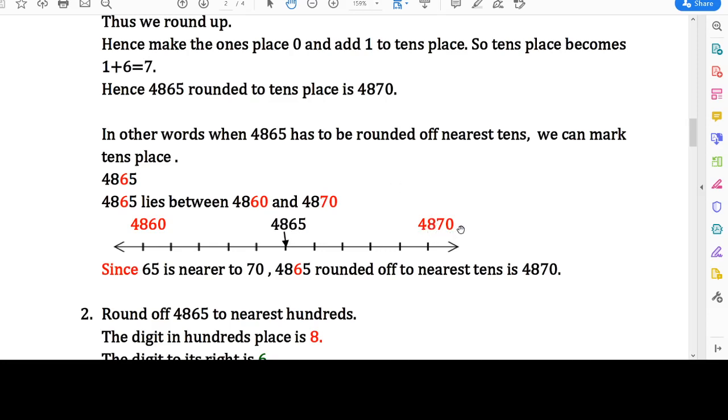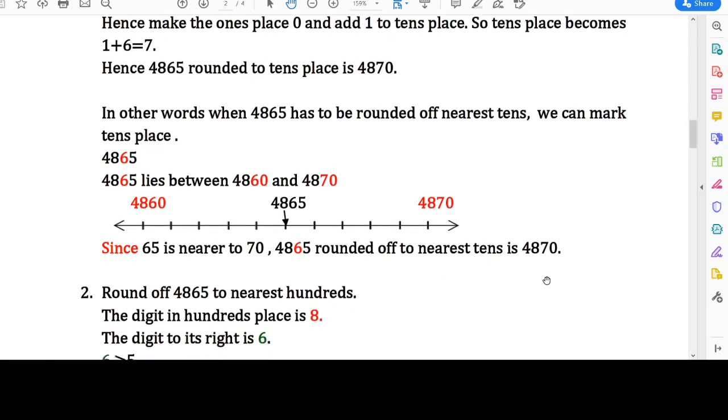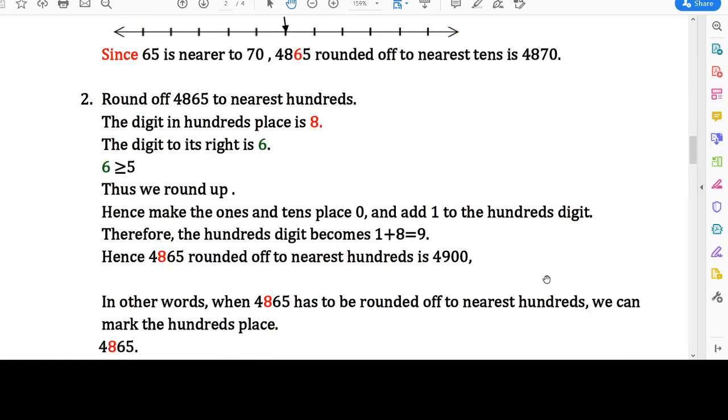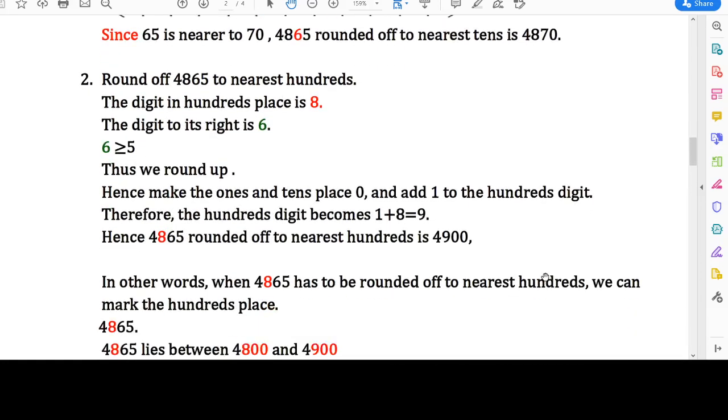So when rounded up, it becomes 4870. Therefore, 4865 when rounded off to the nearest tens becomes 4870. Now we will move on to another example where we are rounding off to the nearest hundreds.